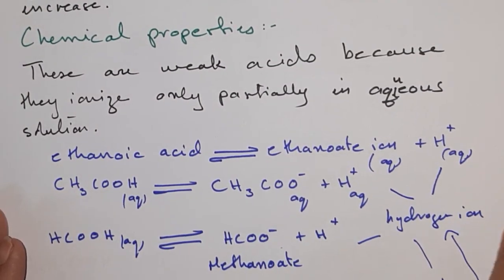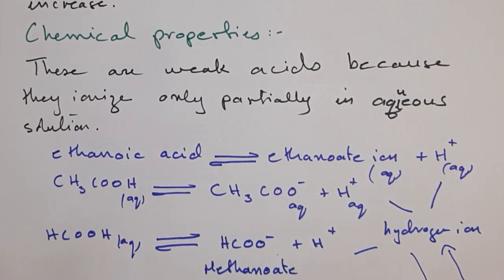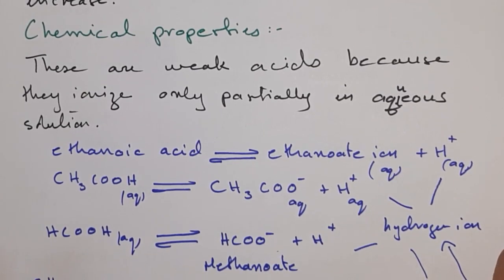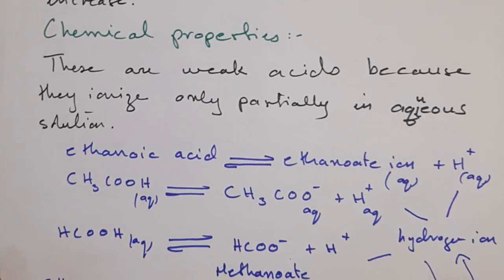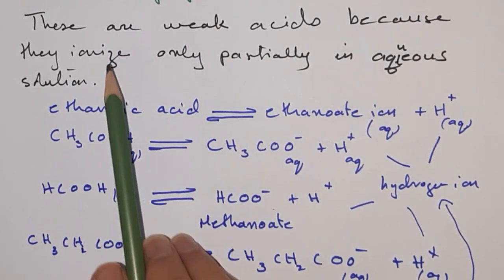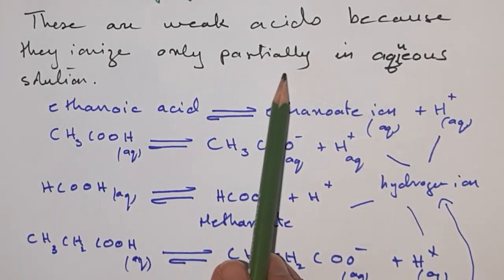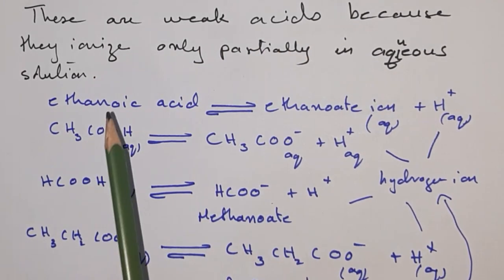Now we come to the properties of carboxylic acid, that is physical properties, as we have already studied. Now we come to the chemical properties. These are weak acids because they ionize only partially in aqueous solution.